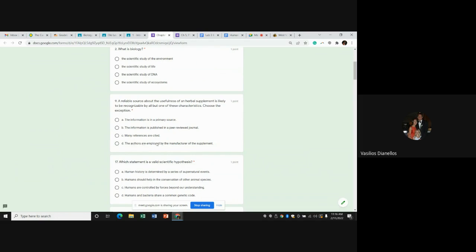And the authors are employed by the manufacturer of the supplement. There you go, there's the answer. One of these things is not like the other, right? That is the red flag. That doesn't necessarily mean that it's not good information, but it's a red flag that it possibly could be, because there's obviously a conflict of interest there. So yeah, that's the answer to that.